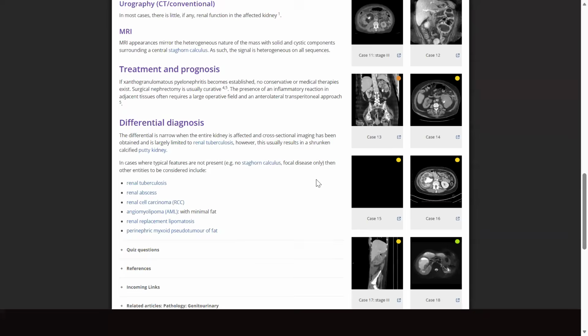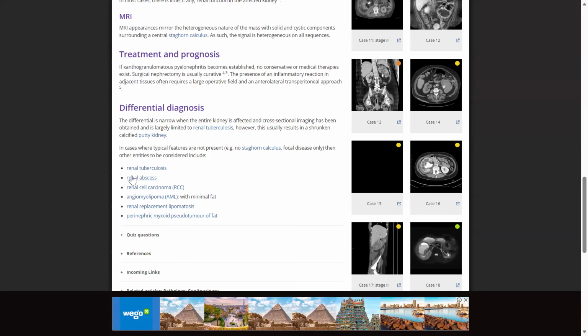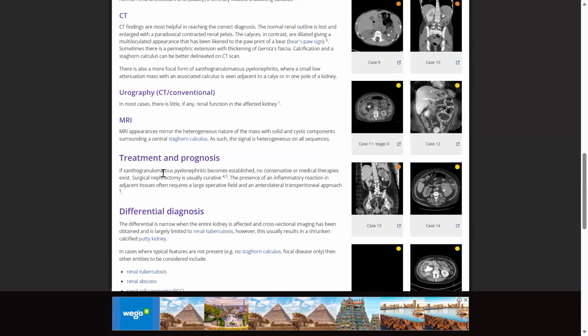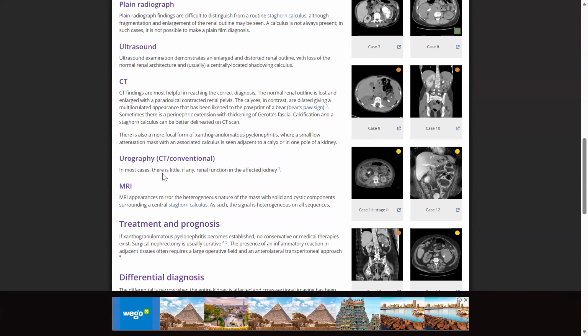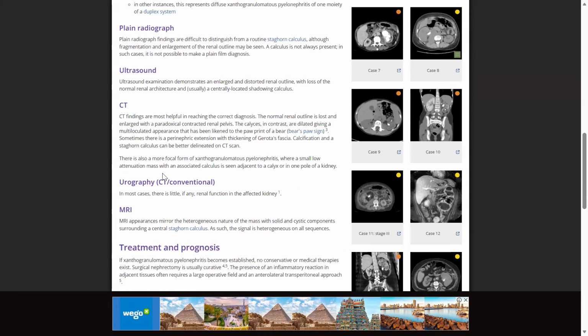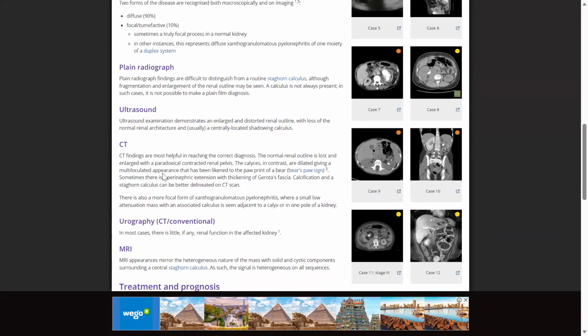You must include RCC, renal abscess or tuberculosis in the differential diagnosis with xanthogranulomatous, but at least you don't have the other criteria of abscess or TB, and this obstructing stone is very suggestive.